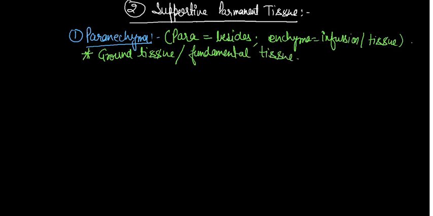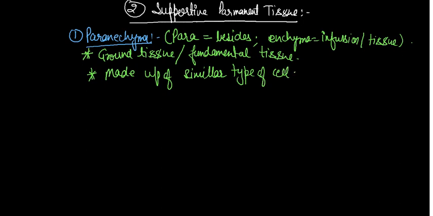One thing is that it is made up of similar type of cells, they are isodiametral. Isodiametral means made up of similar cells.